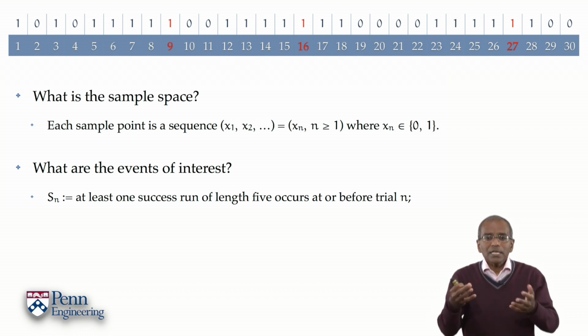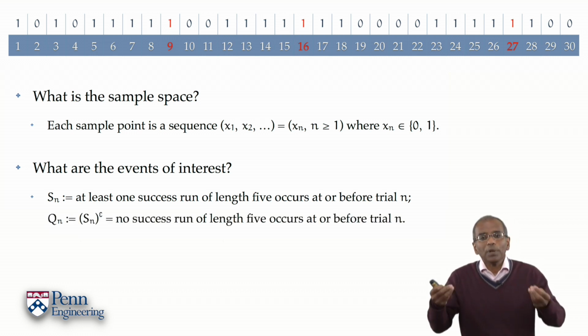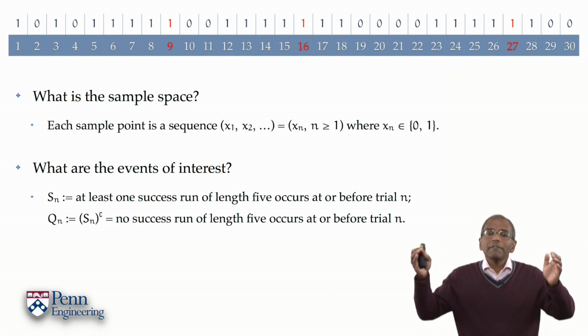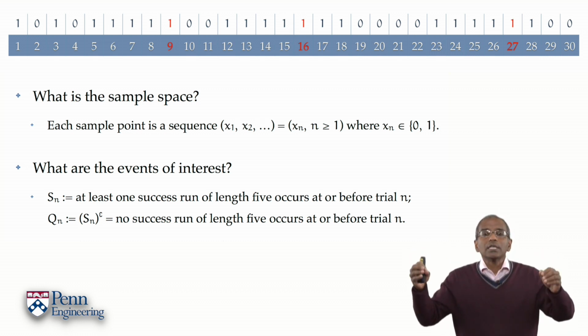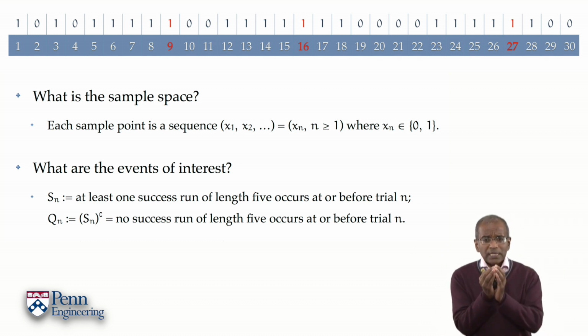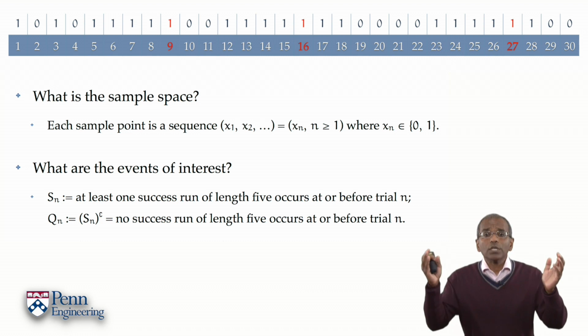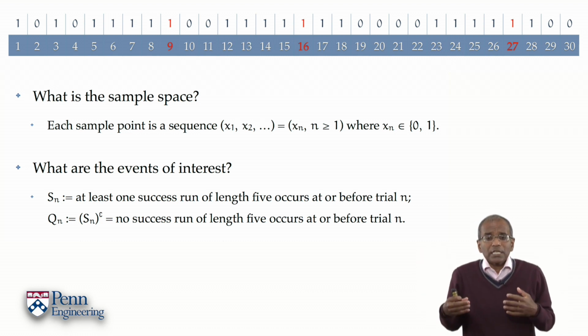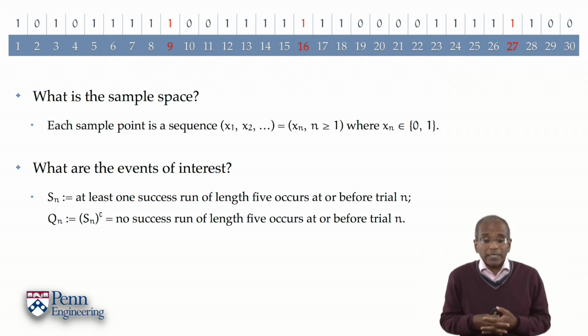Now, connected to this natural event, S sub n, is the event Q sub n, which is the complement of S sub n, which is the event that in the first n trials, there is no success run of length 5 or more. Now we should pause. This event, S sub n, is what is germane for us, and we would like to say something eventually about its probability.